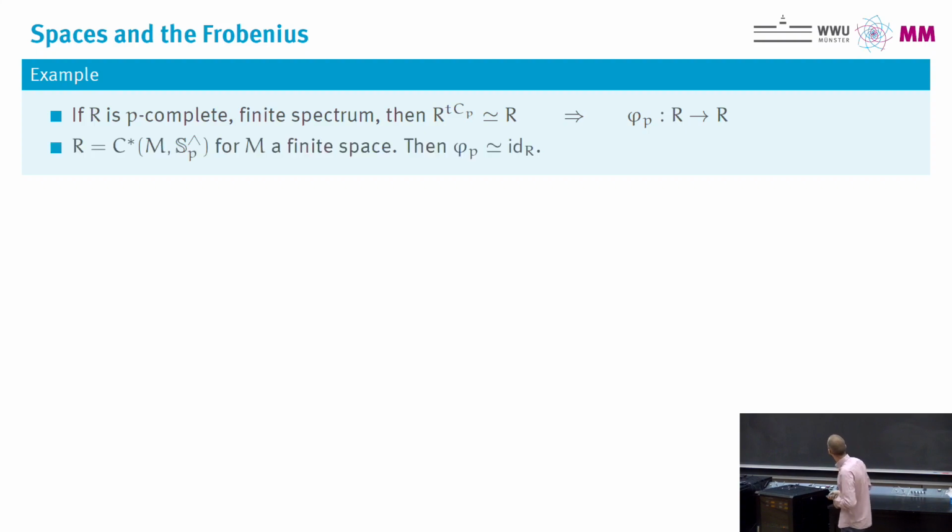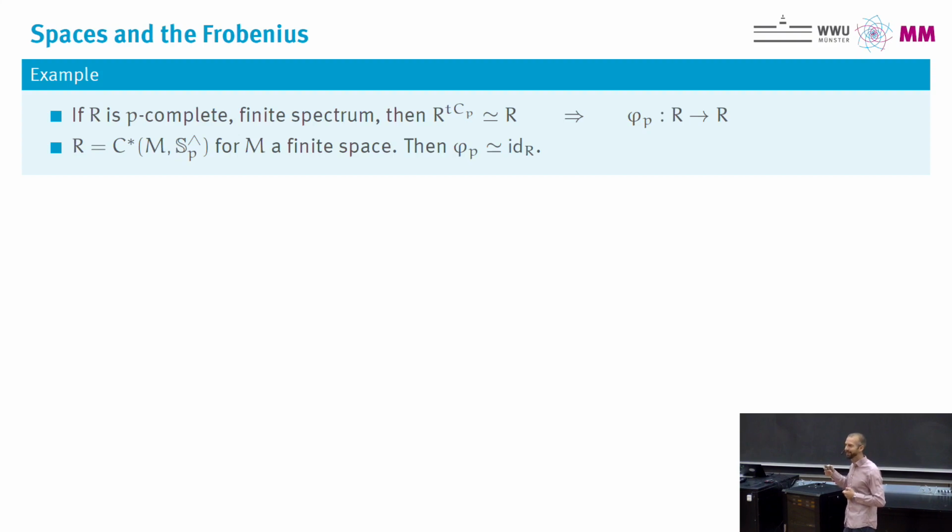And for example, if M is a finite space, that was the setting we were after, we can look at the cochains in the sphere, aka the Spanier-Whitehead dual of the space, say in the p-complete sphere to make everything p-complete. And then it turns out you can study this Frobenius, and it's equivalent to the identity map.